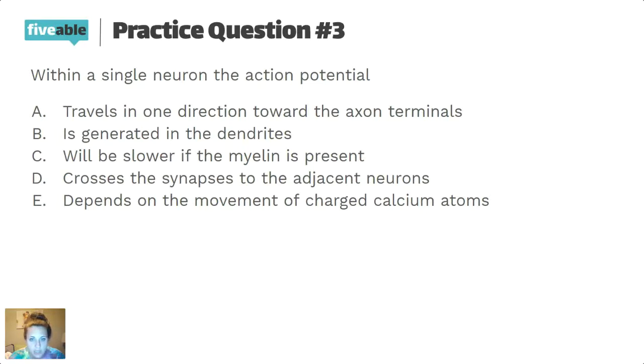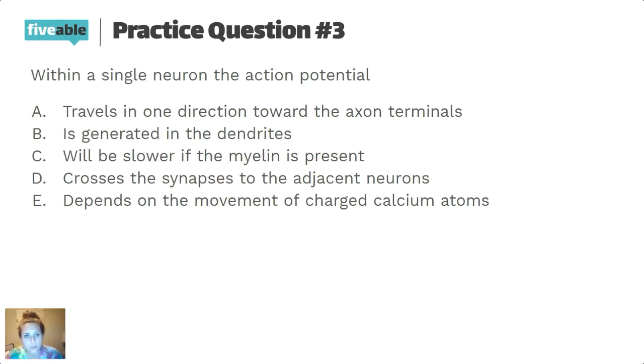So the answer to this one is A, travels in one direction toward the axon terminals. D, it's kind of tricky because it says within a single neuron, the action potential. D is involving more than one neuron. If it's crossing the synapse, then it's talking about multiple neurons. So it's kind of a tricky question. A is where it's within one specific neuron.